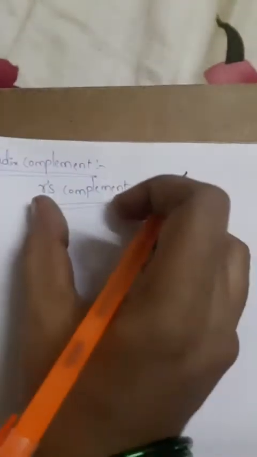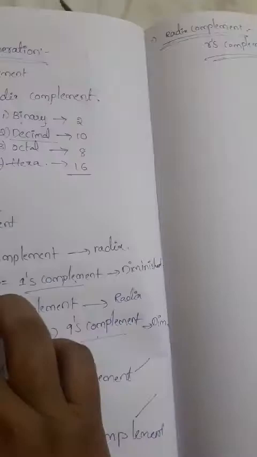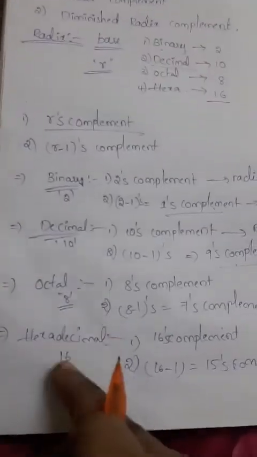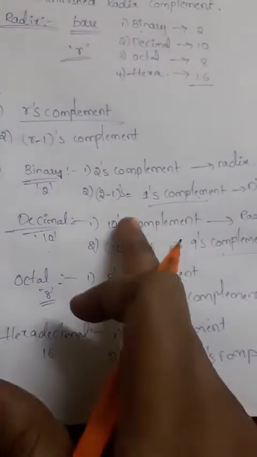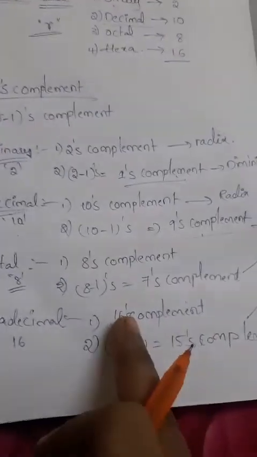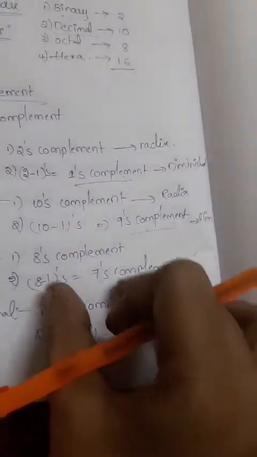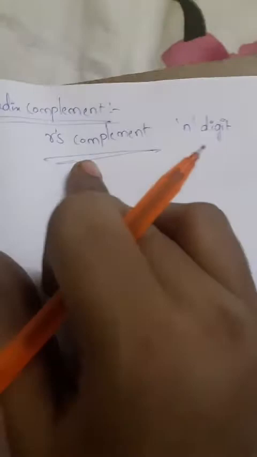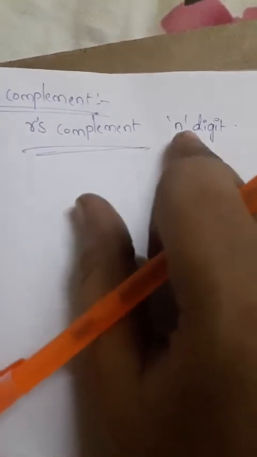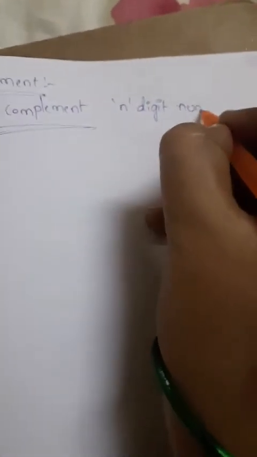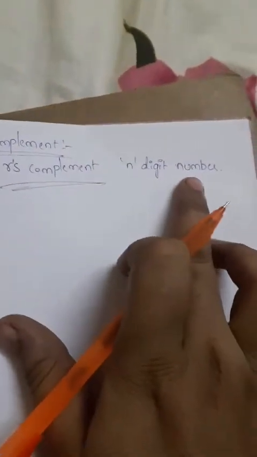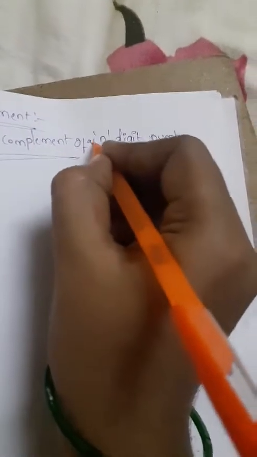The r's complement may be binary, decimal, octal or hexadecimal, like the 2's, 10's, 8's or 16's complement, whatever the complement of a number. That number we define as an n digit number. We don't know how many digits, so just assume it is n digits.